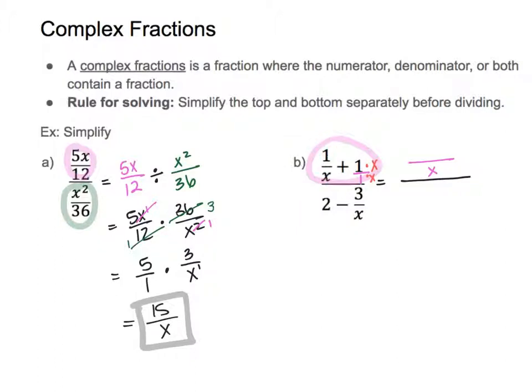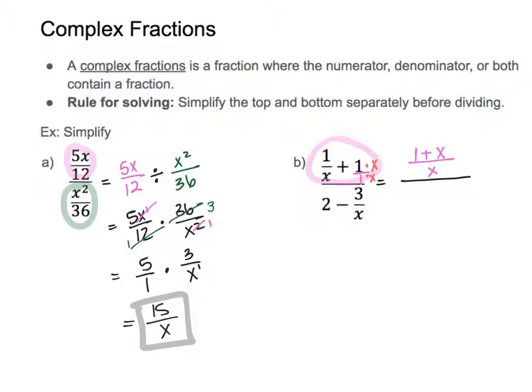So the top here is just a 1. Then I have a plus sign in between, so I'm going to carry that plus sign over. And then I have 1 times x, which is just x, and that's it for the top. If I look here, can I add these two terms? Doesn't look like it. So this is all I have when I combine the top. The top is simplified.